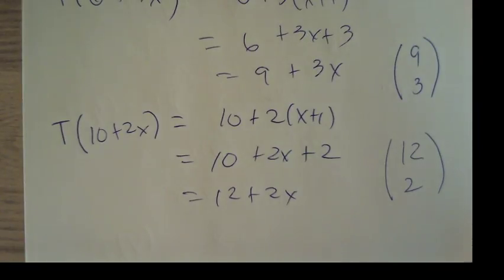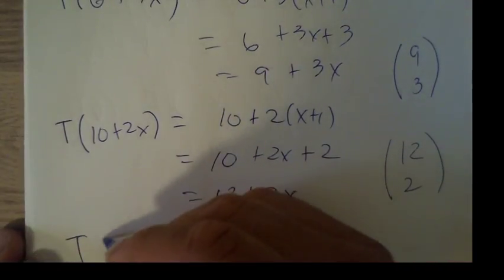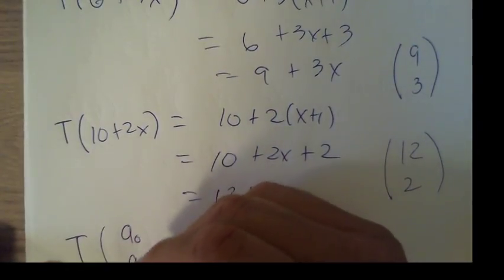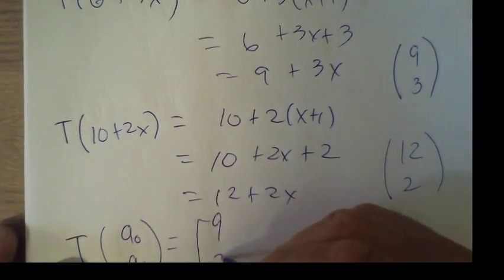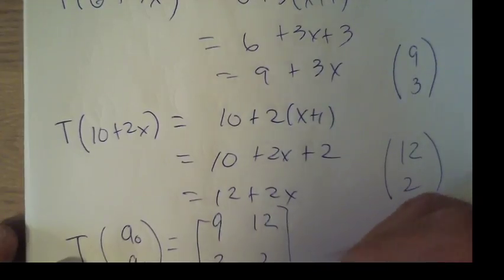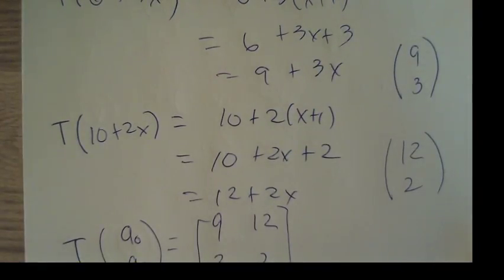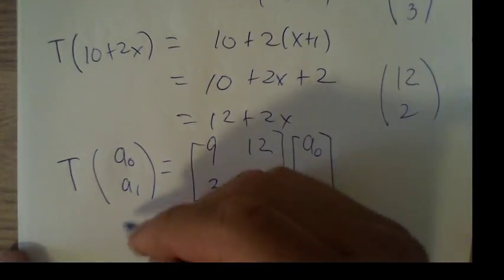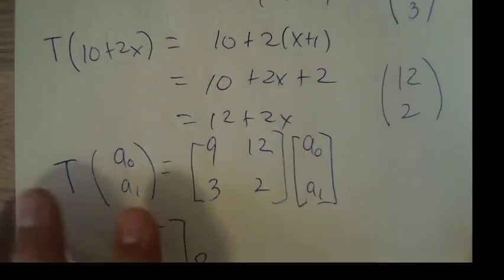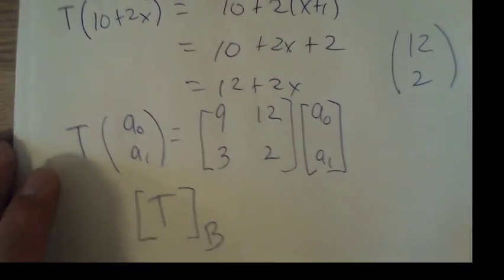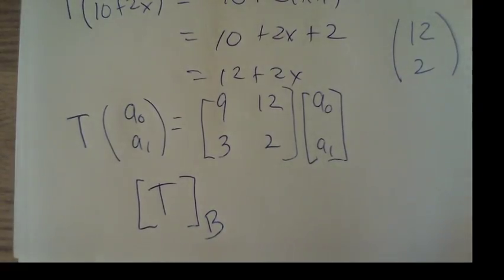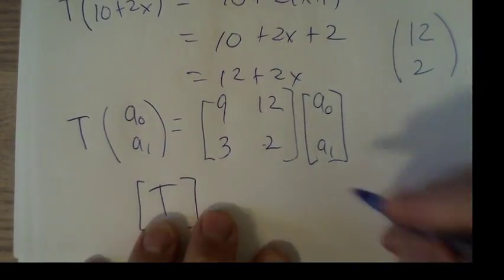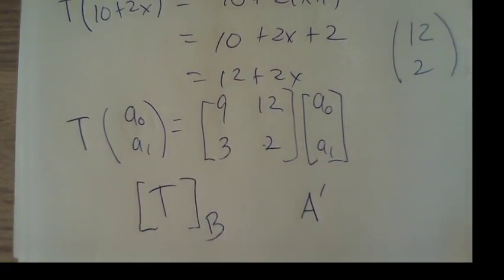Okay, so now what I have here, and T, this matrix is relative to that basis B. If I call this my matrix A, it's relative to B. So what I would like to do is change my matrix to this B prime.